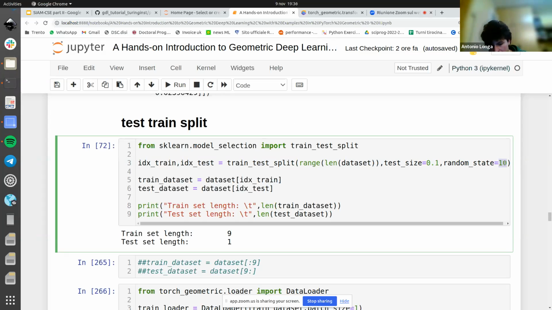So this is why many journals or conferences require multiple random splits. Or let's say it's not a good practice to optimize the random state of train test split.